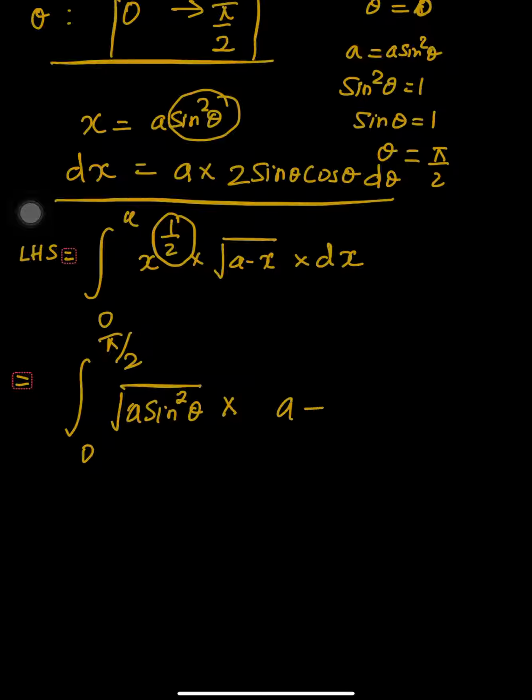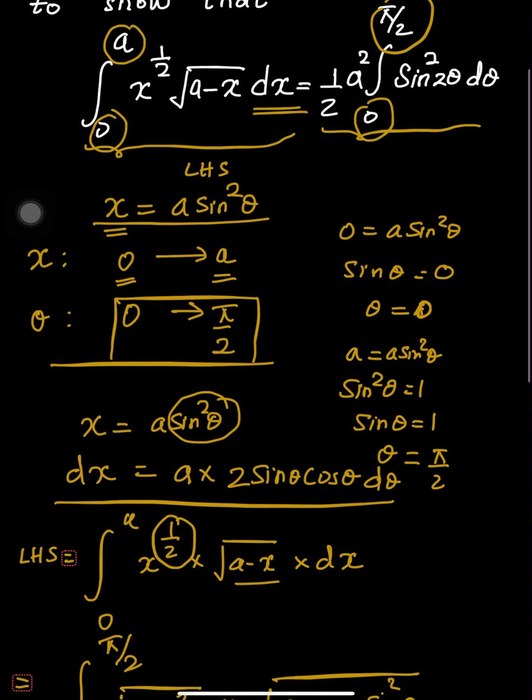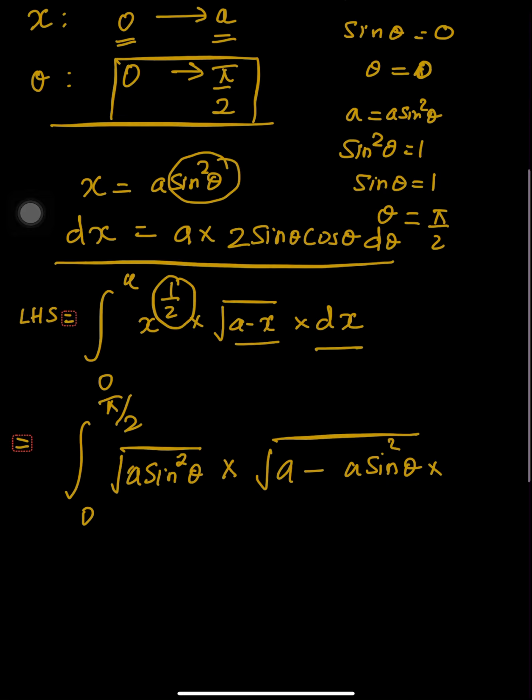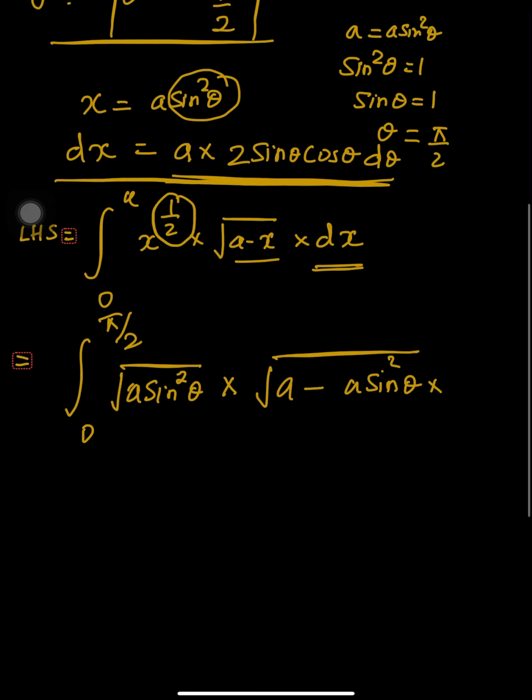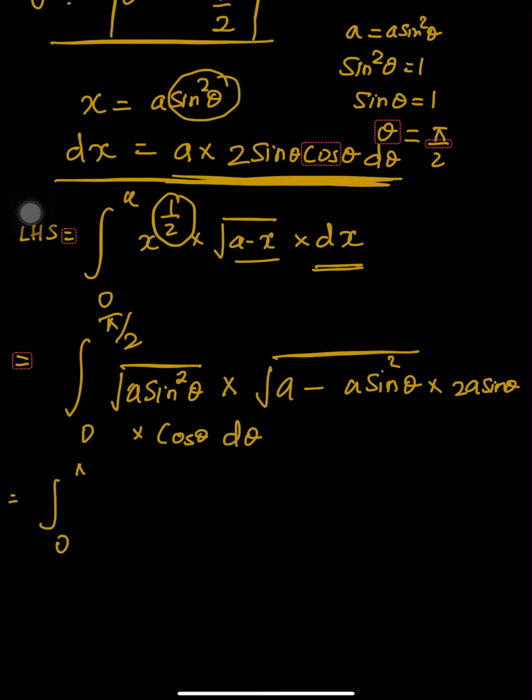Root of a minus x, a sine square theta, root. And for the dx as well, you have to substitute whatever you have got, 2a sine theta cos theta d theta, 0 to pi by 2.